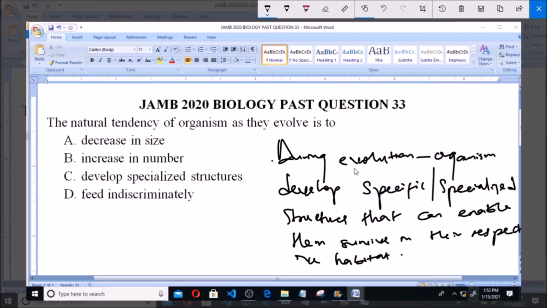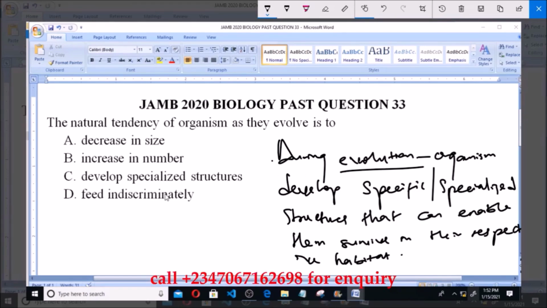Now, the purpose of evolution is to enhance survival. Evolution occurs so that you can actually enhance your survival. Organisms that are unable to survive in a particular environment will undergo evolution. In terms of this evolution, they develop specialized structures that will enable them to live or survive in that particular habitat.